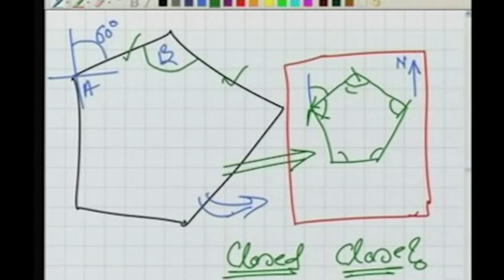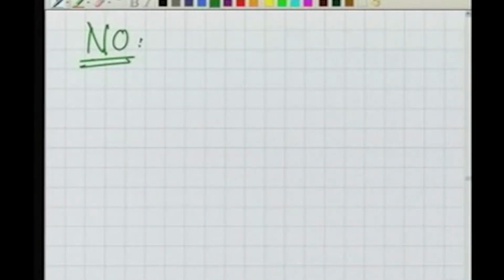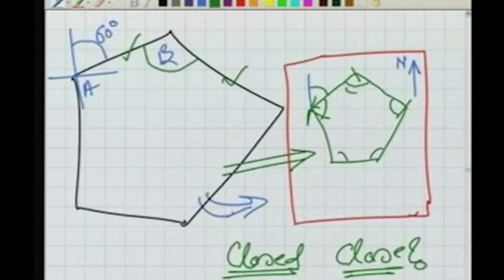But still, will our traverse close after doing the plot? The answer for this is no. Why no? Because so far we have not applied any correction for length. We have applied the corrections only for angles.